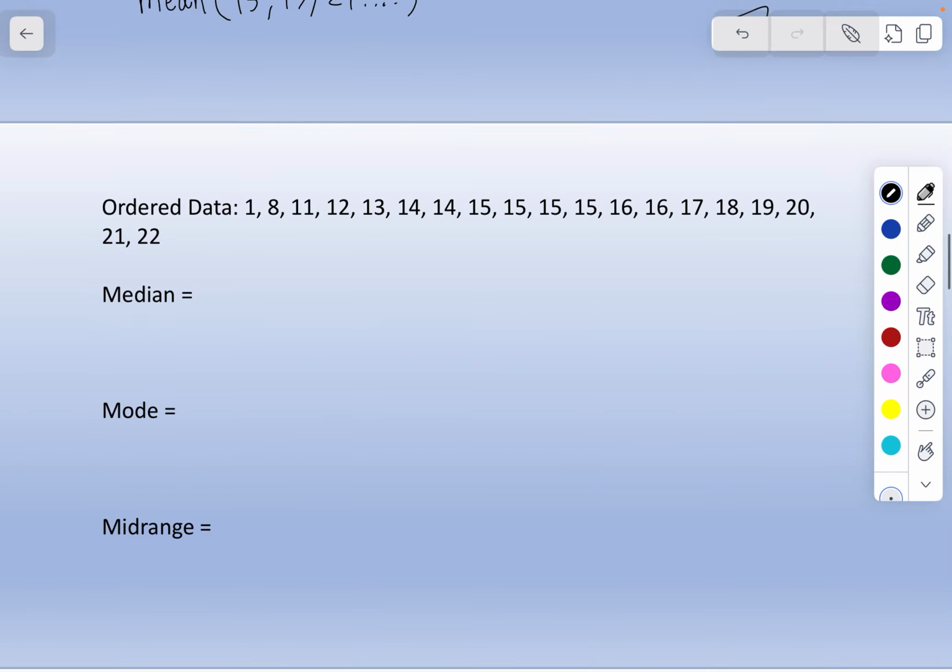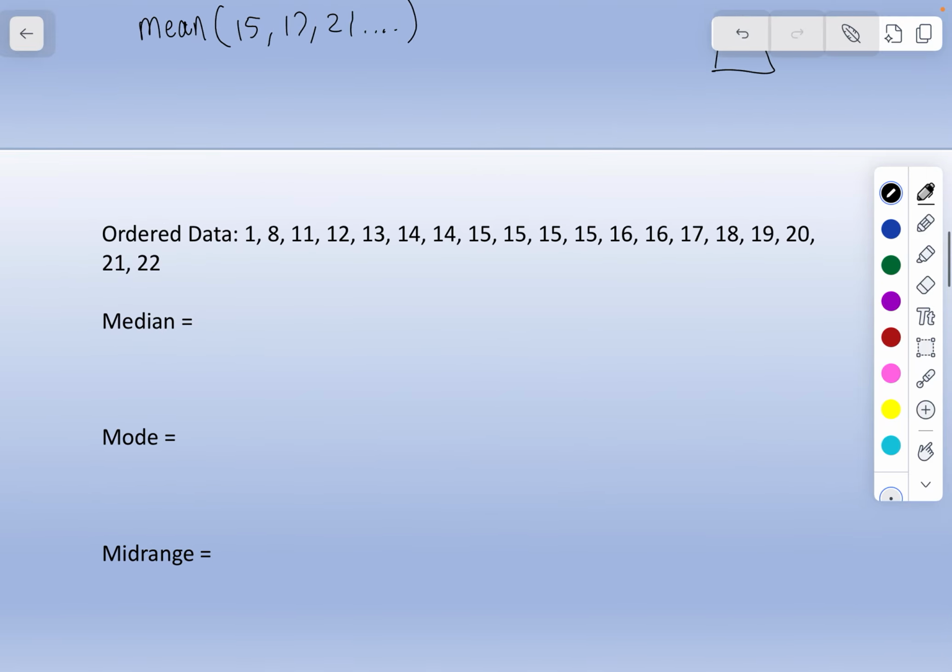So now we need the data ordered to find these 3 things. So let's do median. Now, if there are 19 things, if you divide 19 in half, half of 19 is 9.5.